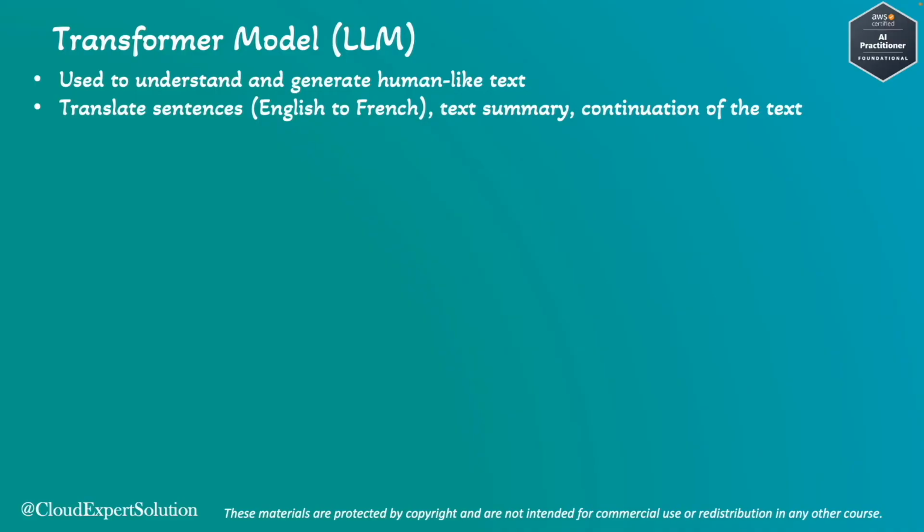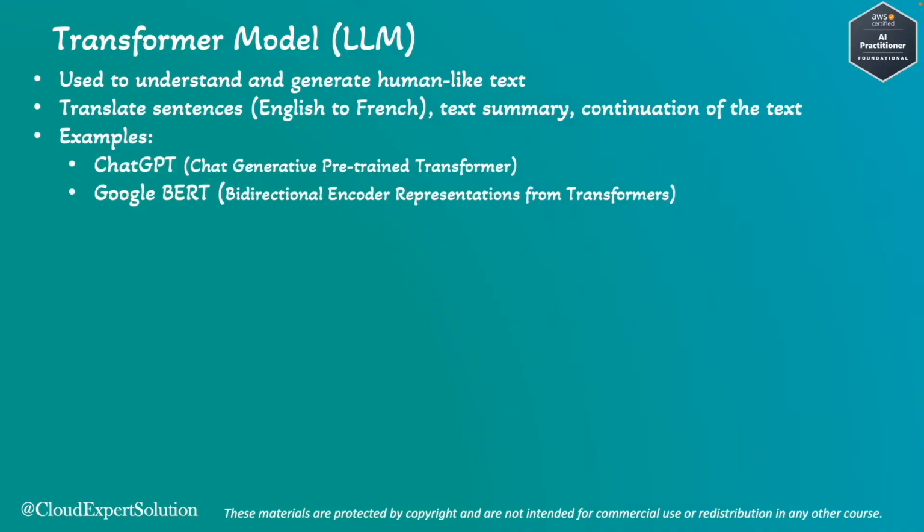Or maybe you have given a paragraph and you want a text summary. Or maybe you have written one line and you want to continue in the same format and complete the paragraph. This kind of task can be easily done using a transformer model. In terms of examples, we already talked about ChatGPT.